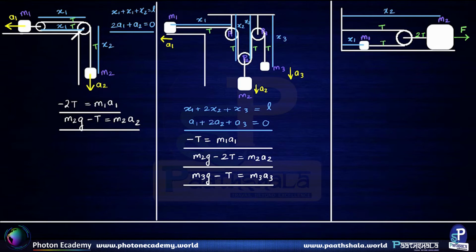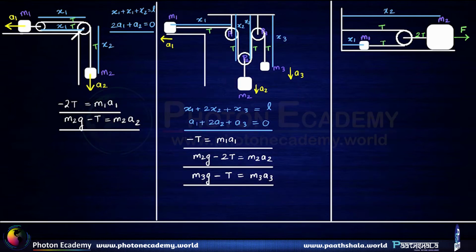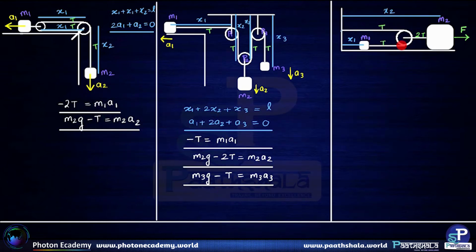So in order to deploy the constraint motion equations over here, we'll have to understand that this much length is effectively scaling as x2. So this part of the string is scaling as x2, and this part of the string is scaling as x2 minus x1. This much part of the string is nothing but x2 minus x1. This part of the string is x2 minus x1.